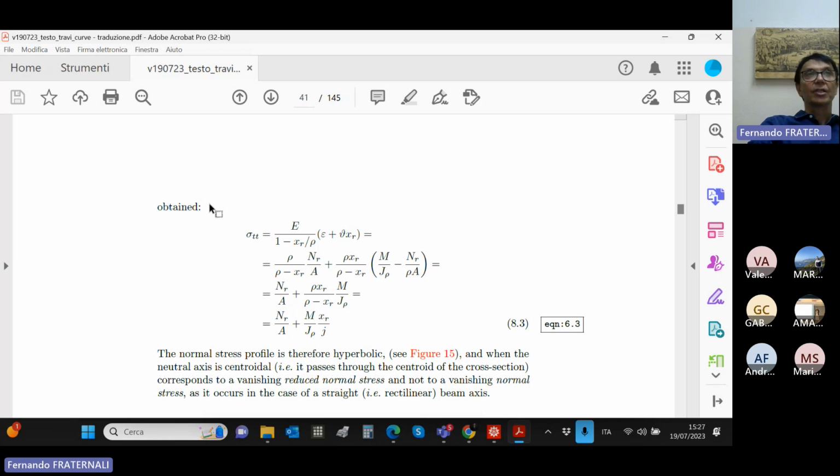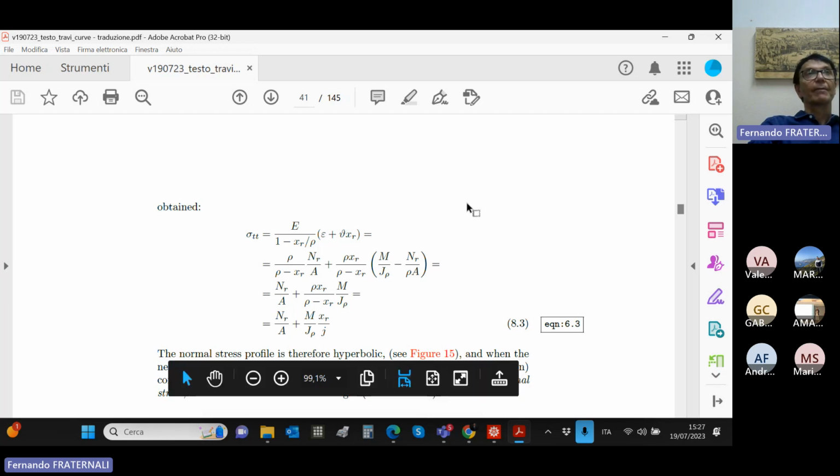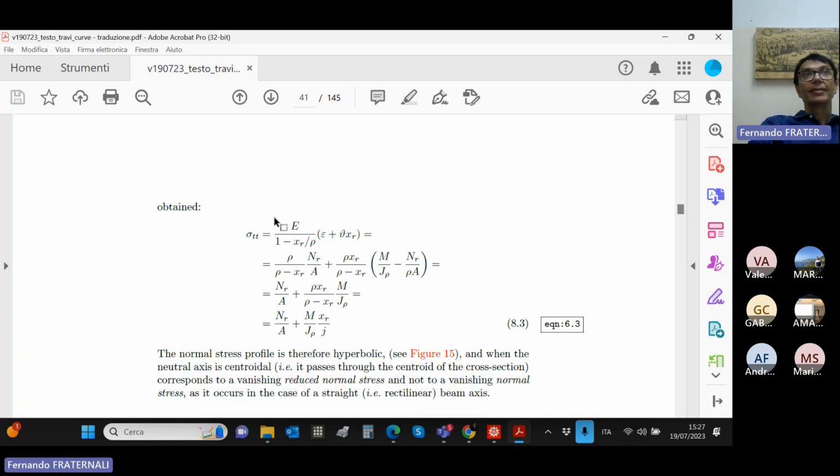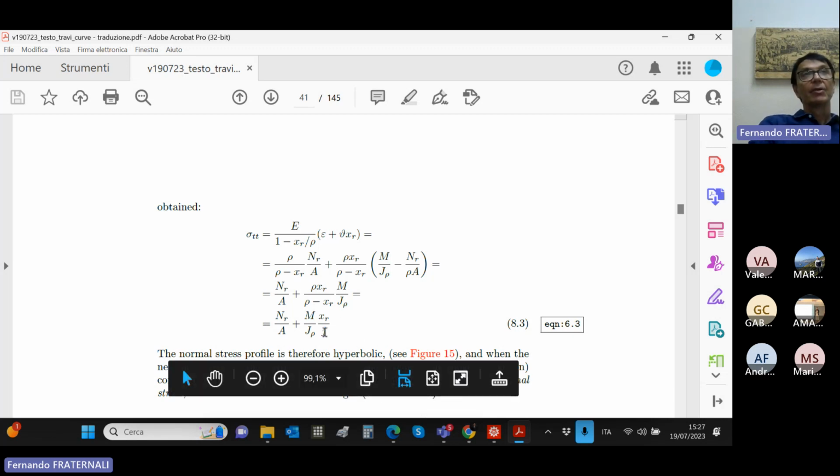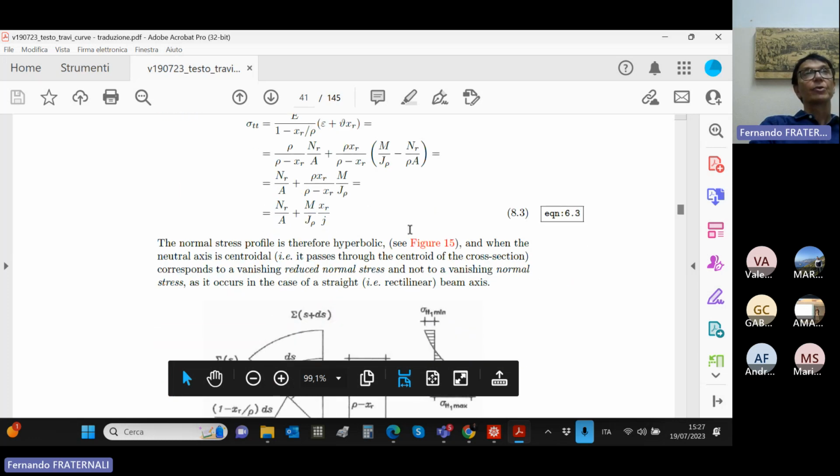This is the generalized Navier formula for the normal stress. And this is not a linear law, because in this term we have the j at the denominator, and so we have a distribution. This is a kind of hyperbolic.